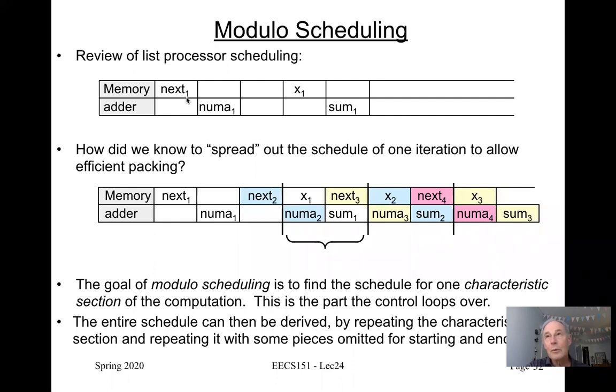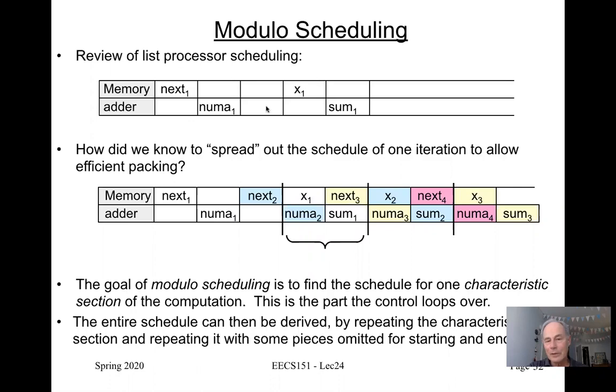We took one iteration of the loop and showed how it would lay out in time using the two resources, the memory and the adder. The memory gets used twice per iteration, and the adder gets used twice per iteration. The memory gets used once to get the next pointer and once to get the x value, and the adder gets used once to compute the next sum and once to compute sum.